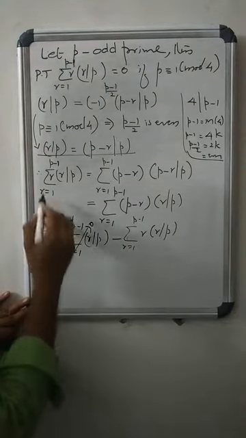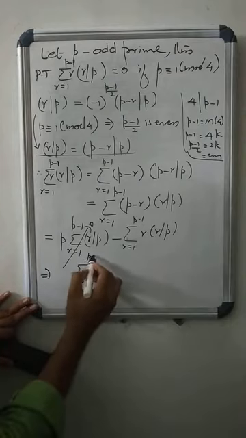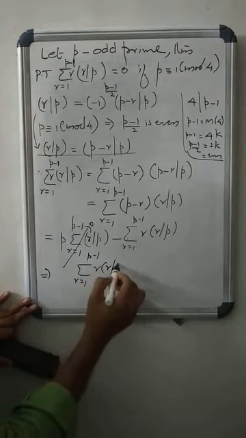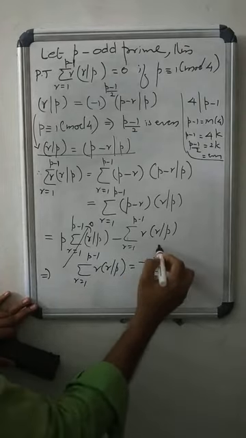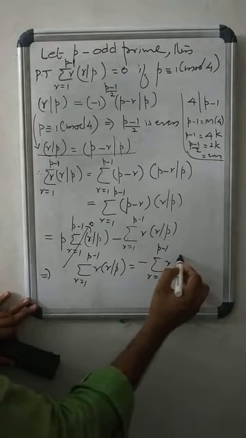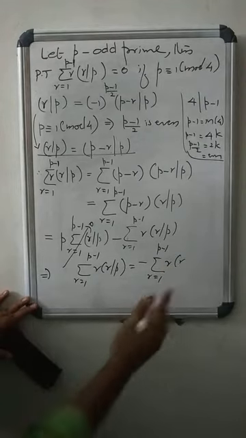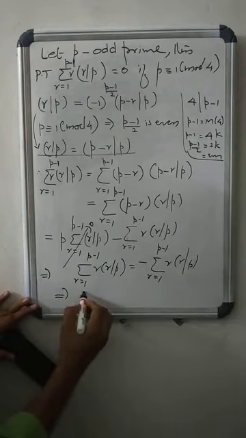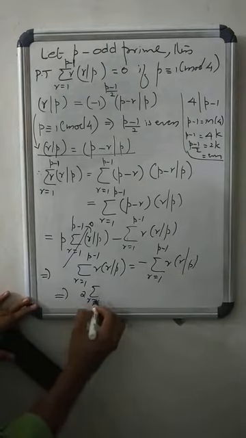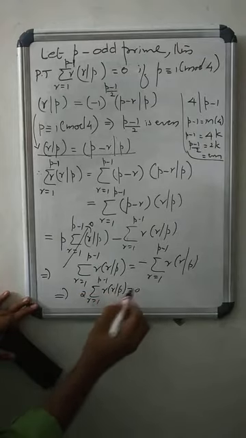So what do you get? That means sigma r ranges from 1 to p minus 1, r into (r by p) equals minus sigma r ranges from 1 to p minus 1, r into (r by p). So bring this one to the left side. That means 2 into sigma r ranges from 1 to p minus 1, r into (r by p) equals 0.